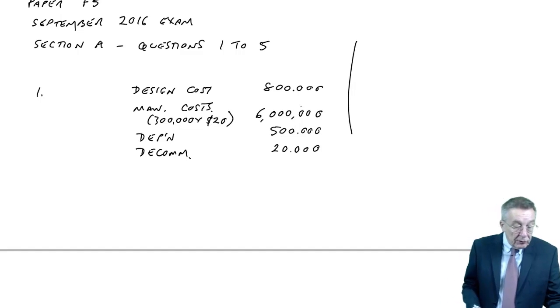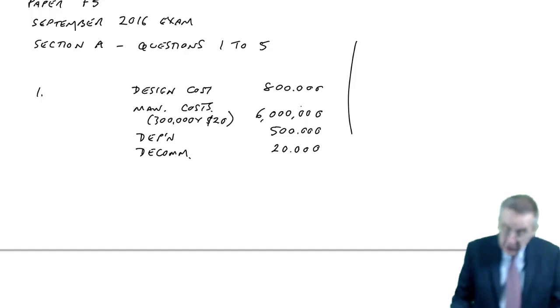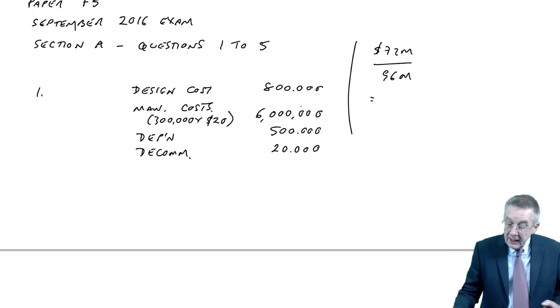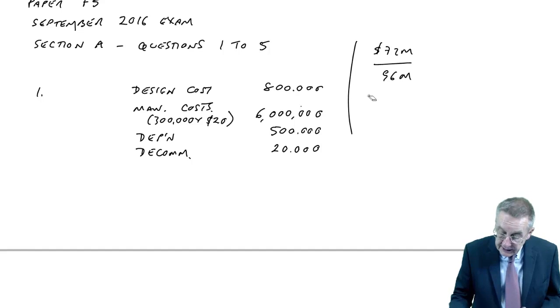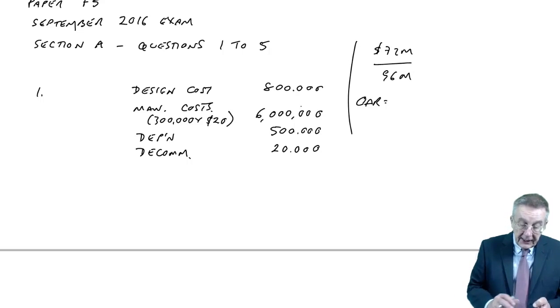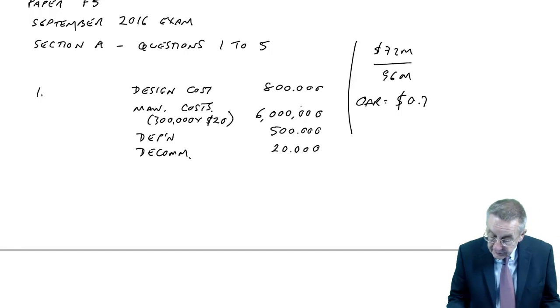So what's the absorption rate? In total, there's 72 million overheads. In total, there are 96 million machine hours. And so the absorption rate, 72 divided by 96, is 75 cents per hour.